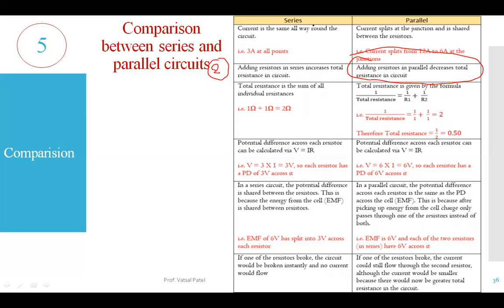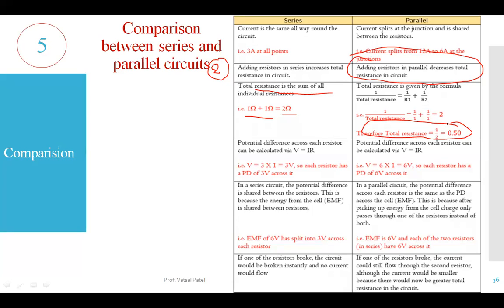In the third point, the total resistance is the sum of the individual resistances. That means 1 plus 1 is 2. But in the parallel combination, the total resistance will be half, decreasing the total value of the resistance compared to the series one.